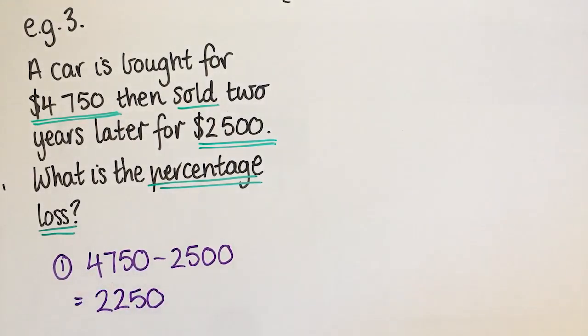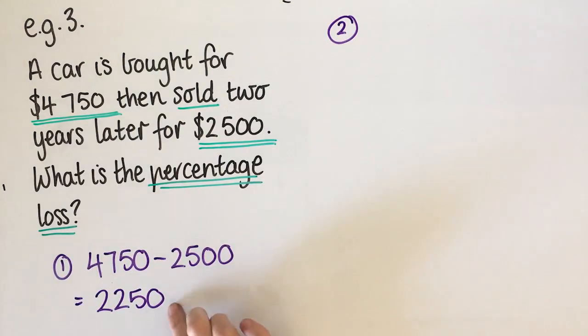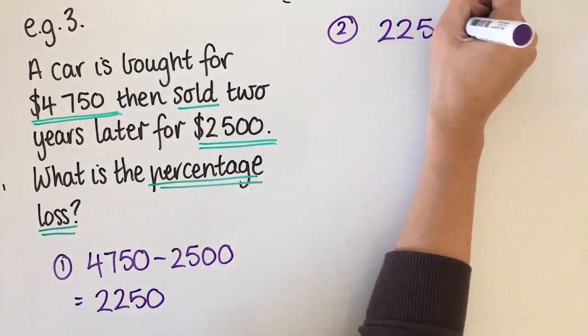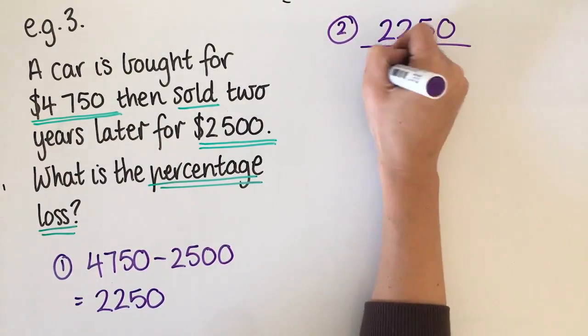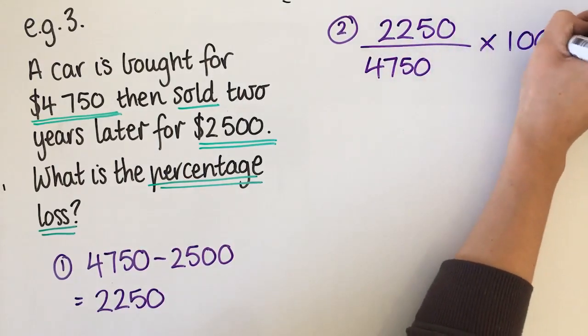If you're not sure of that, you can always check it on the calculator. Then the second step is to put the change over the starting price. So we're going to go 2250 over the starting price, and then we're going to times it by 100.